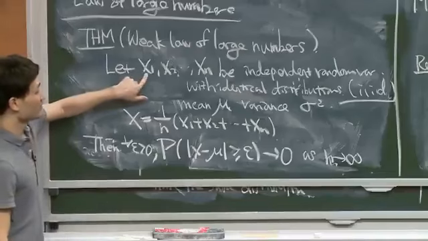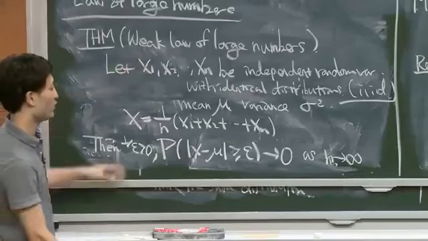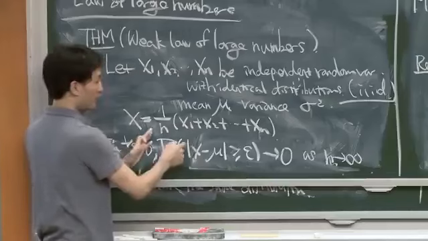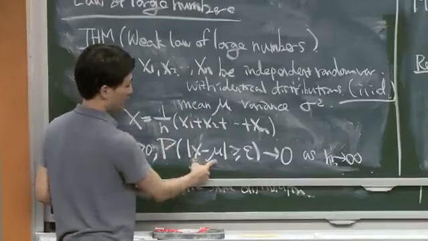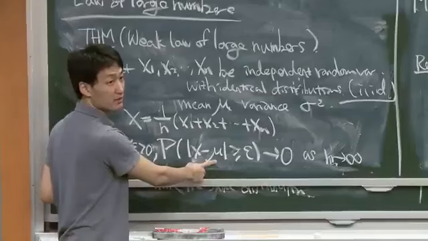So whenever you have independent identical distributions, when you take their average, if you take a large enough number of samples, it will be very close to the mean, which makes sense.